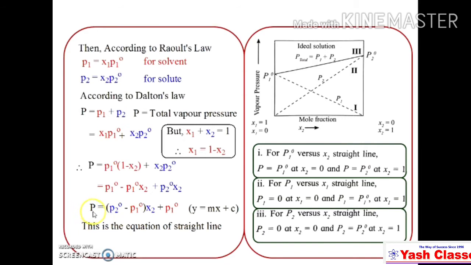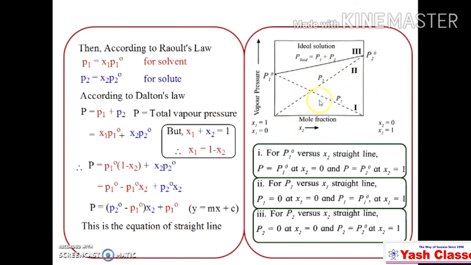Here y corresponds to total pressure, m is P2 0 minus P1 0, and x is x2. It means when we plot a graph of total pressure versus x2, that is the mole fraction of A2, we get a straight line.